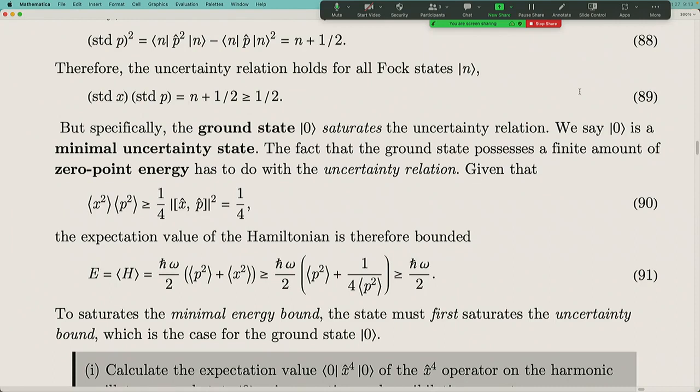And this expression, if you try to draw a picture, let me try to draw a picture here. I want to draw the horizontal axis as p squared, and the vertical axis as p squared plus 1/4 times 1 over p squared. So this p squared means that there's a straight line.